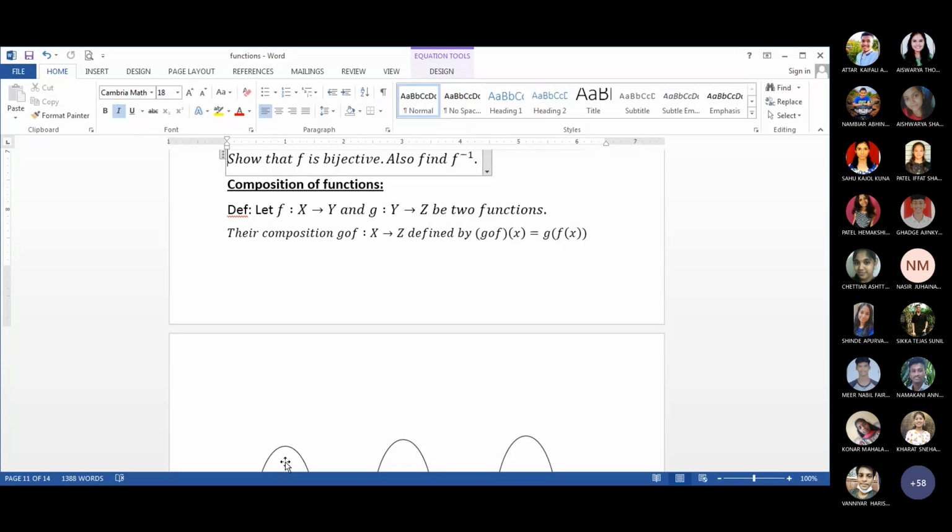Composition of function, g o f, that is g composed with f, is a function from x to z, and how it is defined, g composed with f operated on x gives us g of f of x.